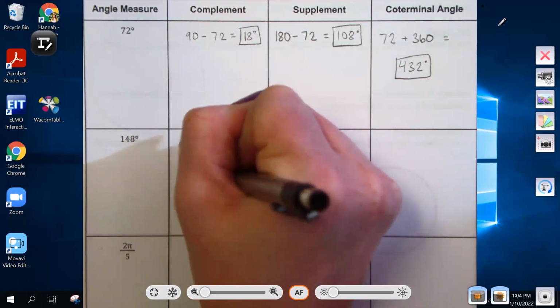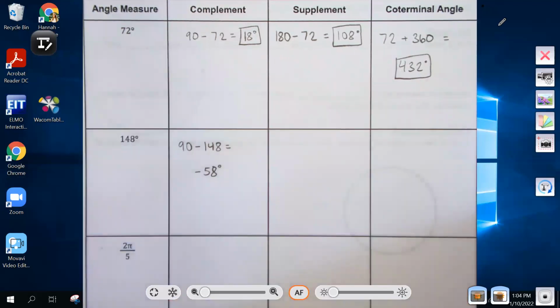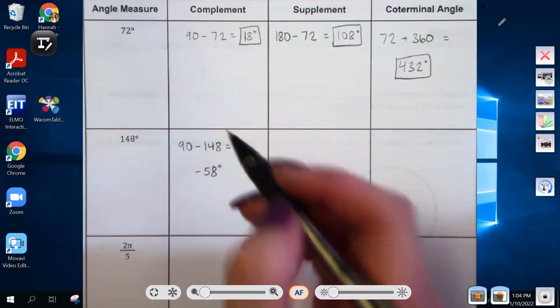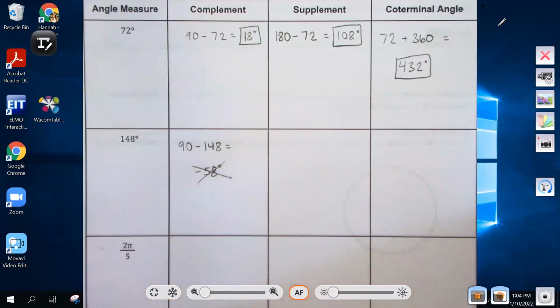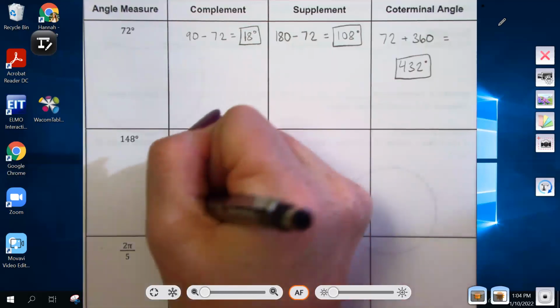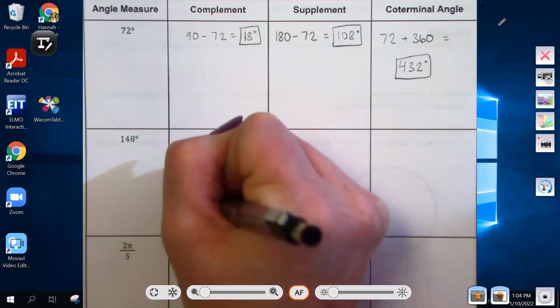Negative 58. Is that a coterminal angle? I mean, a complement? It has to be positive. It does not have one. I'll say no complement.